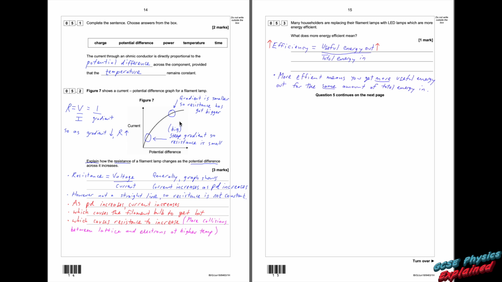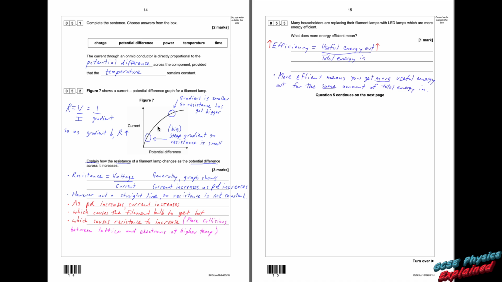Now, another way that you can analyse it, remember resistance is the voltage over the current. 1 over the gradient will give us the resistance. So in other words, as the gradient gets flatter, the resistance is going to get bigger. So we can see here the gradient at first is very big, which means the resistance must be very small.